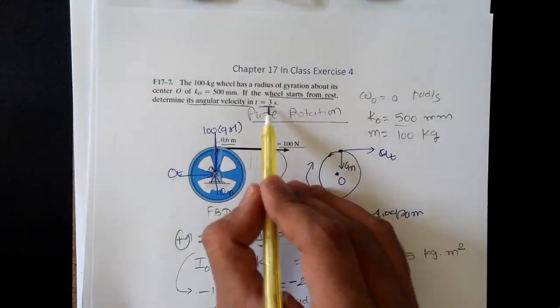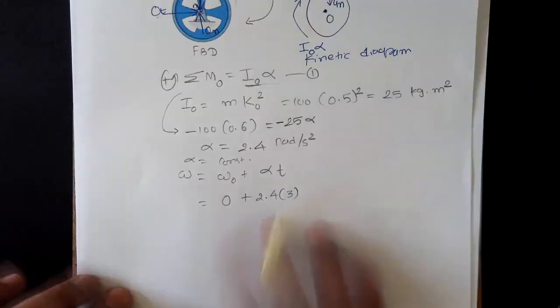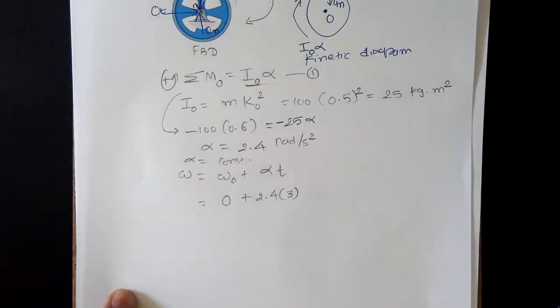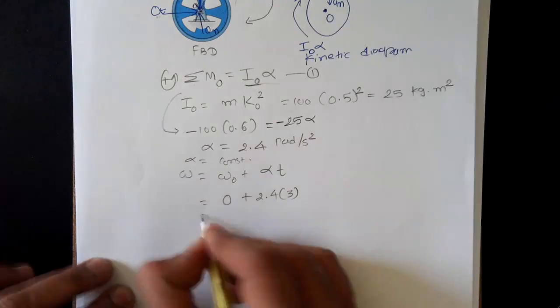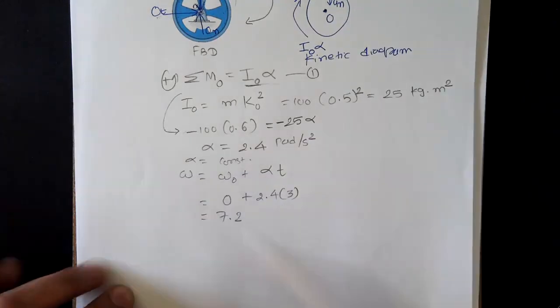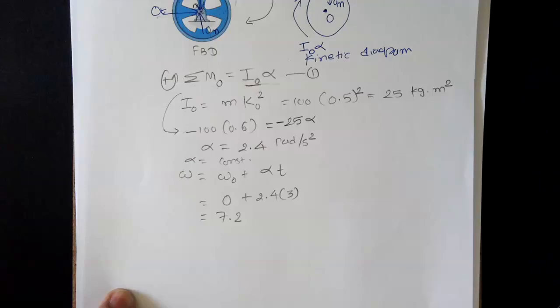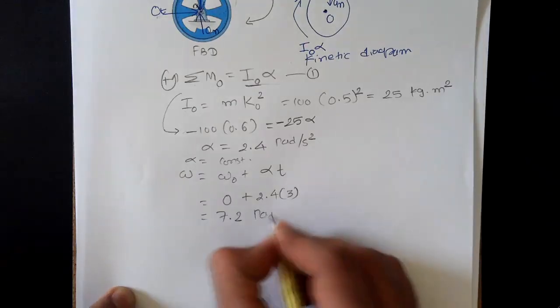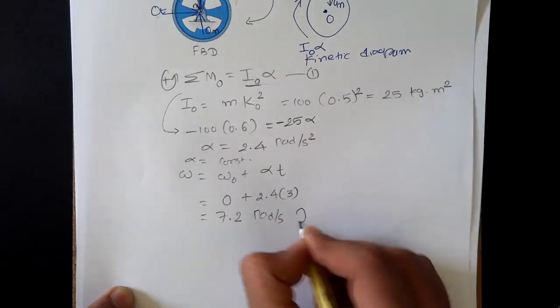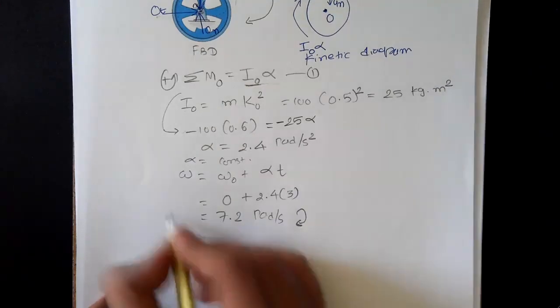See here, we are calculating it for 3 seconds. So then our final answer is 7.2 radians per second. And what is the direction? It's clockwise. Okay, so that's our omega.